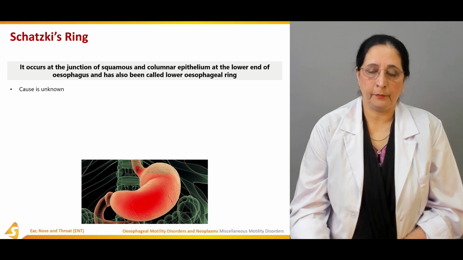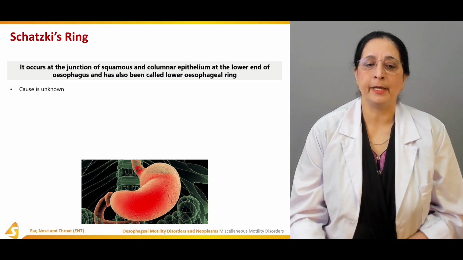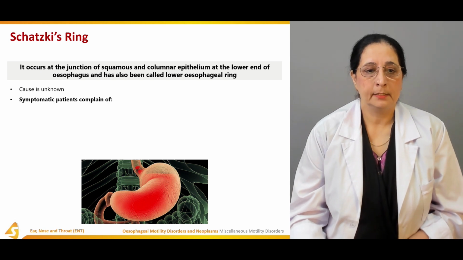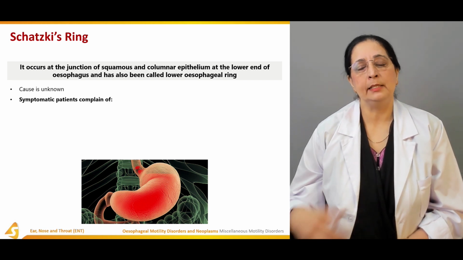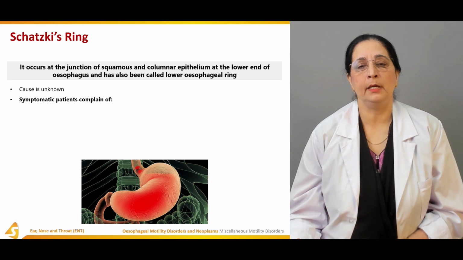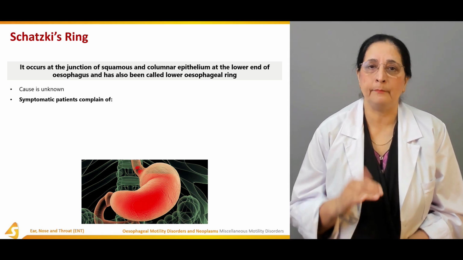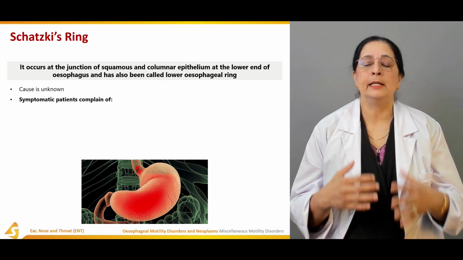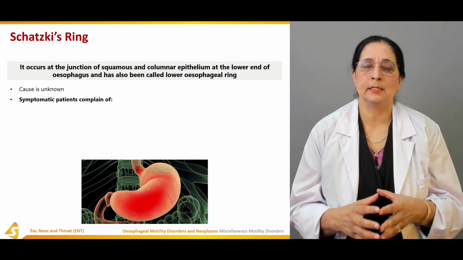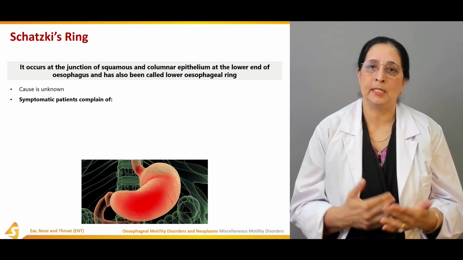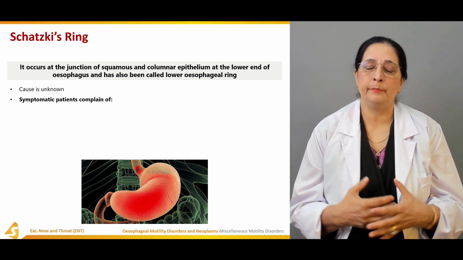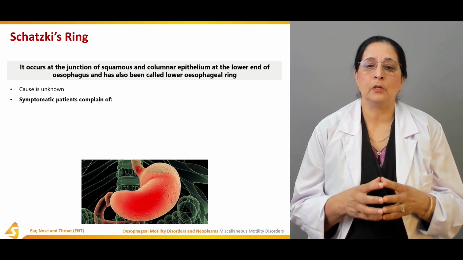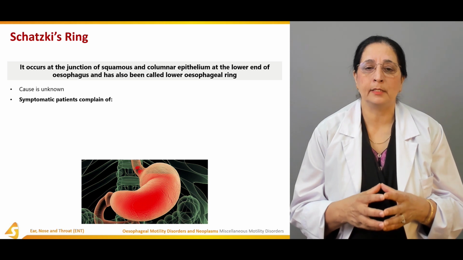The cause of the formation of these rings is unknown. In a symptomatic patient, the symptoms will be more or less the same as those we already discussed, which are associated with different conditions of the esophagus that can cause hypomotility and hypermotility because of obstruction to the flow and absence of peristaltic waves.